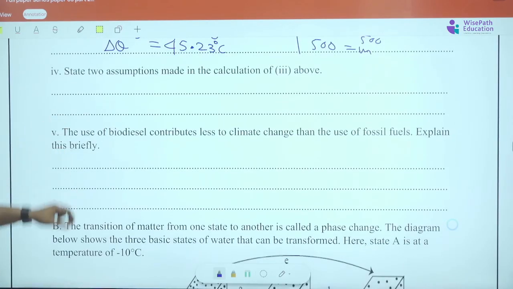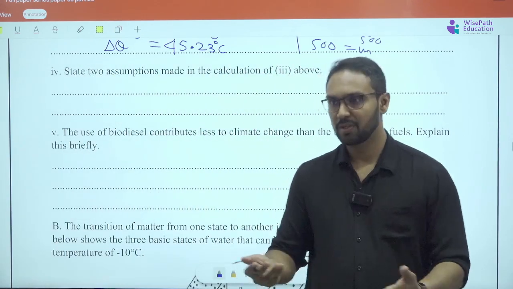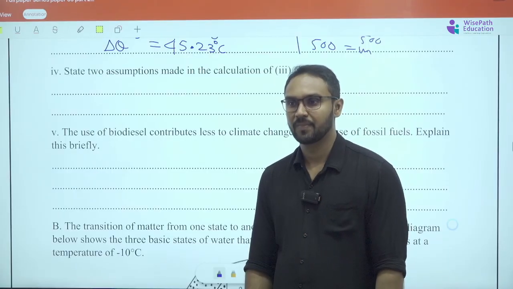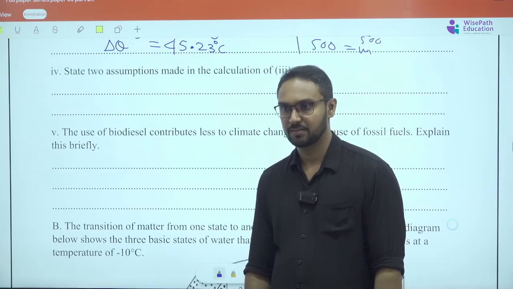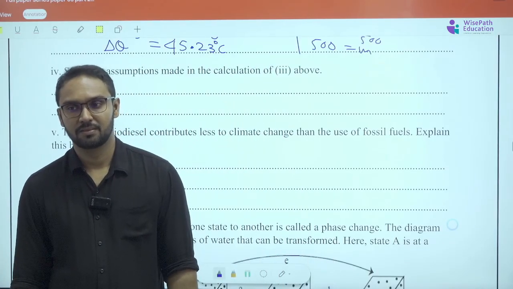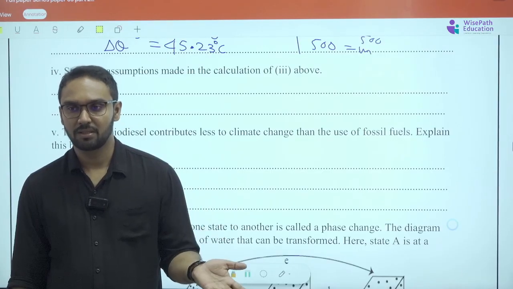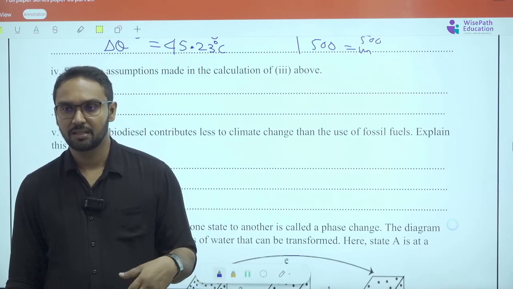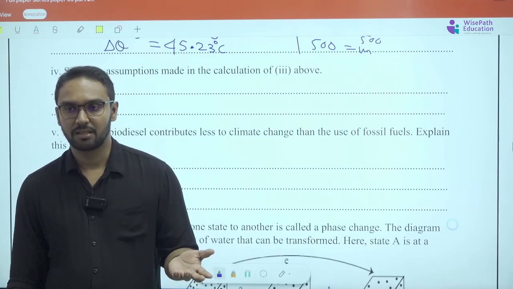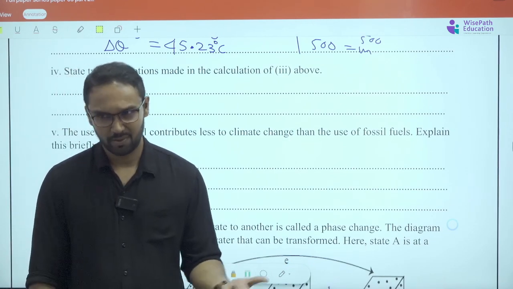The fourth question: state 2 assumptions made in the calculation of 3 above, the usual assumptions that we make in the heat calculation. The heat released by the heptadecane is only absorbed by the water, and the container does not absorb any of the heat. And the heat was not wasted or released to the environment. You can write either of these.